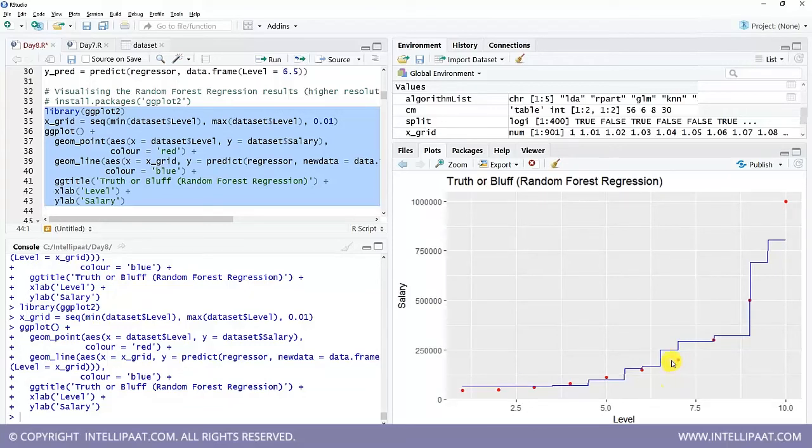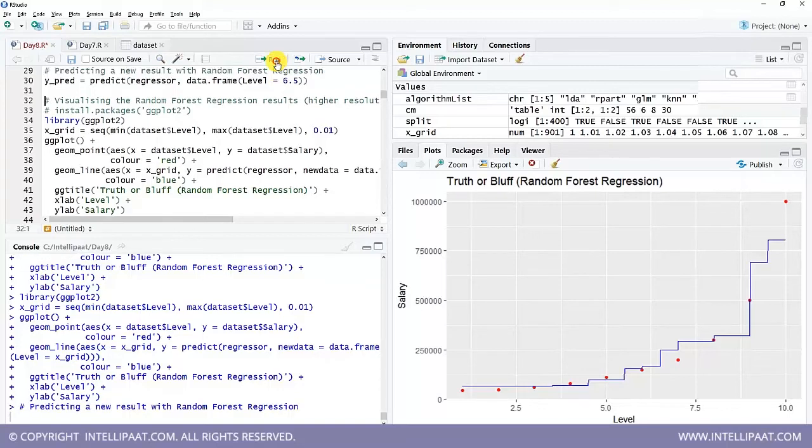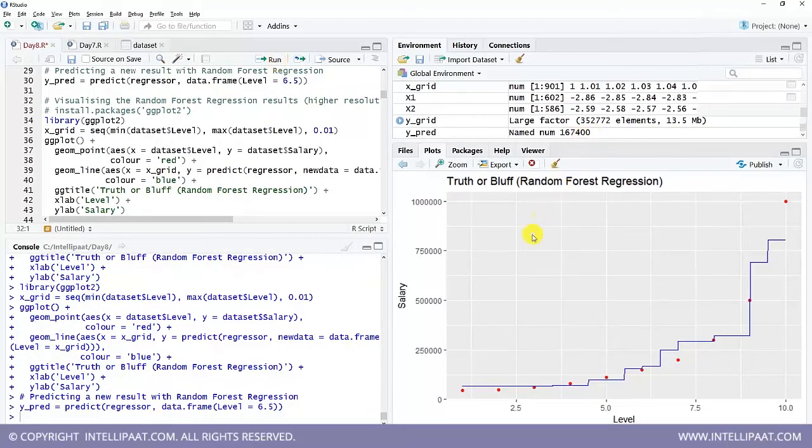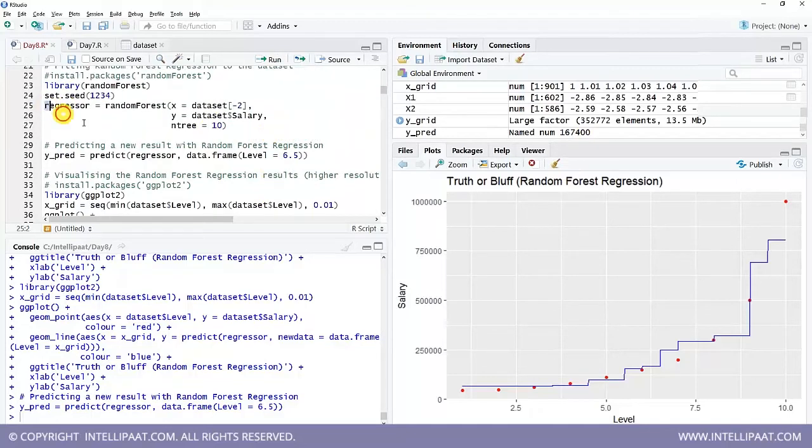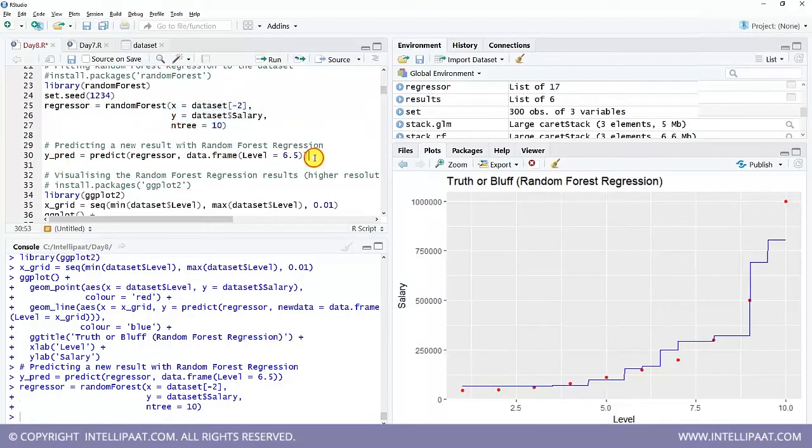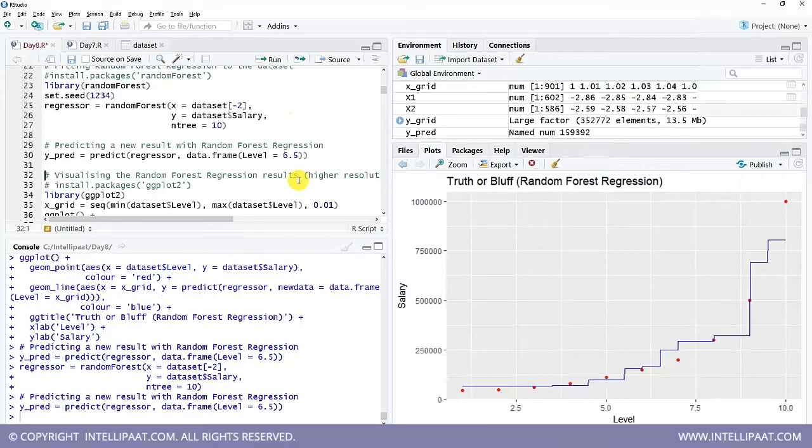That's what we know. For 6.5, what was the prediction? Let me execute this prediction here, 167.4K. No, we did not. We executed the regression. Let's execute it again. Then we do the prediction. y_pred is 159.392 for 10 number of trees.